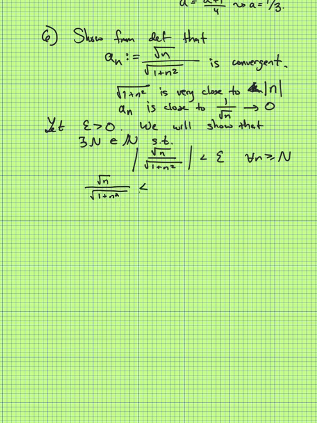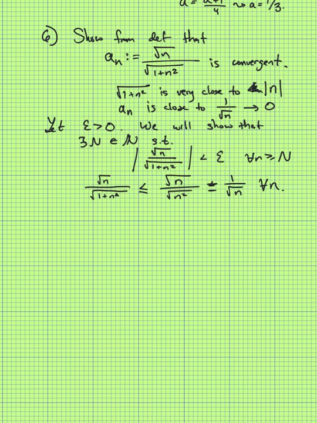We also know that this is less than or equal to root n over root n squared, which is equal to 1 over root n for all n. Okay?